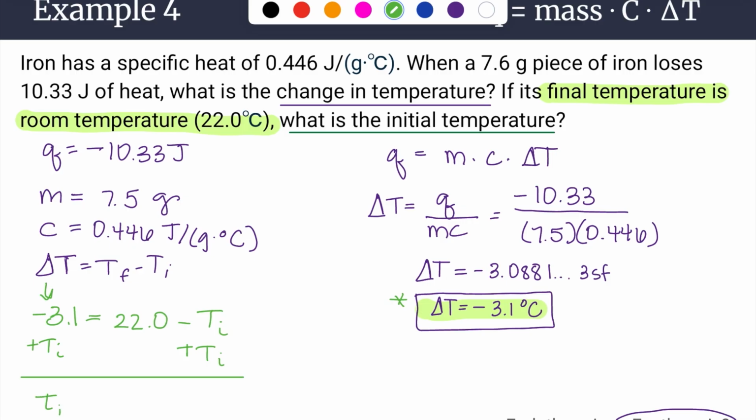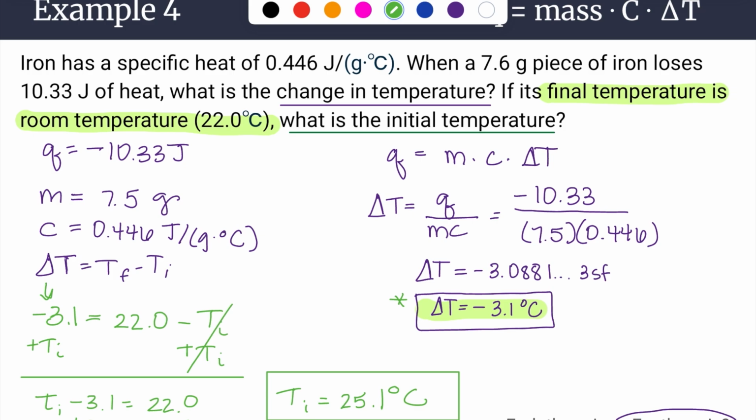So we get temperature initial minus 3.1 equals 22 degrees Celsius. And then we can add 3.1 to both sides. With that adding, they both have one digit after the decimal, so we're going to keep 25.1 degrees Celsius, that's that initial temperature.